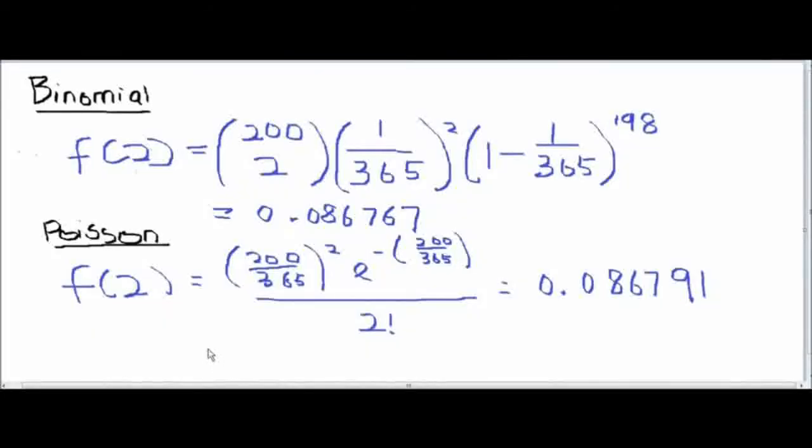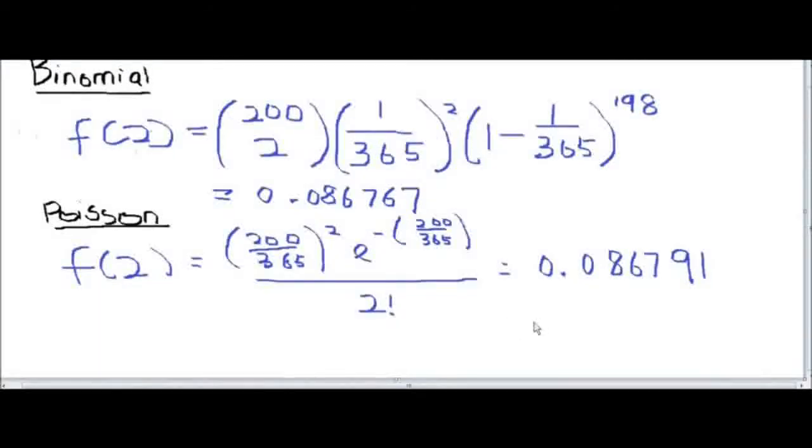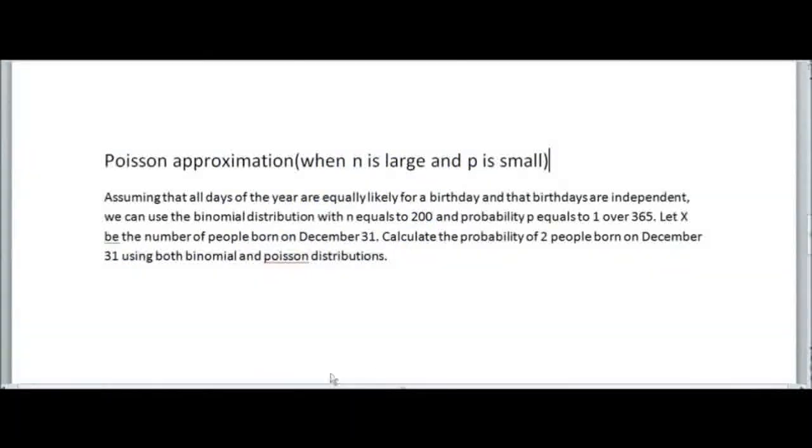Using the Poisson distribution, f of 2 equals 200 over 365 to the power of 2 times e to the negative 200 over 365, over 2 factorial, which gives 0.086791. Note that the answer using the Poisson distribution is very close to the answer using the binomial distribution. Hence, it is a very good approximation when n is large and p is small.